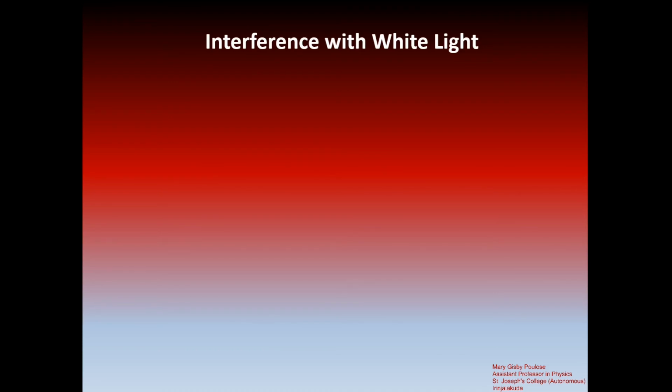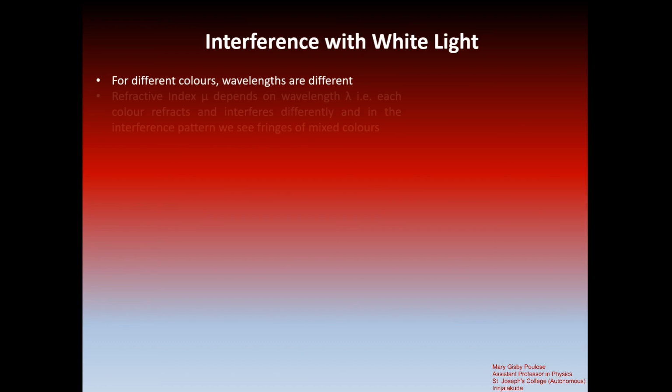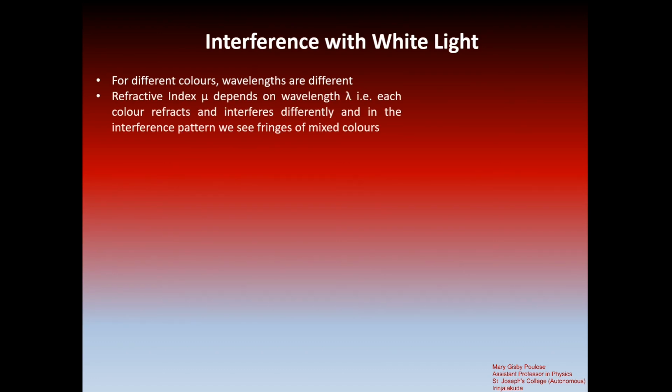Now, what do we actually observe in interference of white light? White light has a spectrum of different colors, with different wavelengths. And refractive index mu is dependent on wavelength.